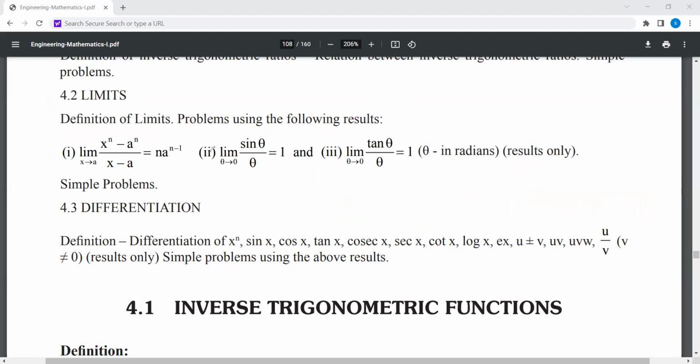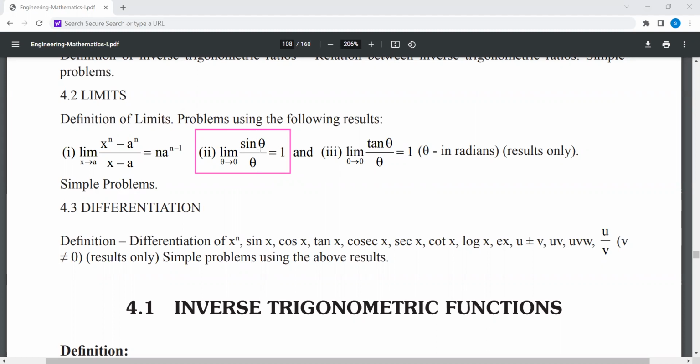Next formula: limit theta tends to 0, sin theta upon theta is equal to 1. Theta must tend to 0. In sin theta upon theta, the same angle theta is in the denominator, and the answer is 1.